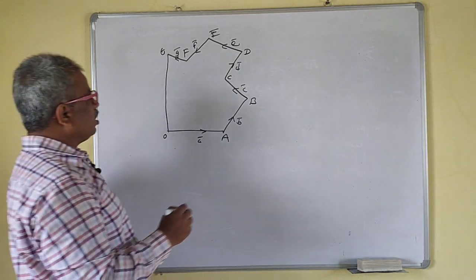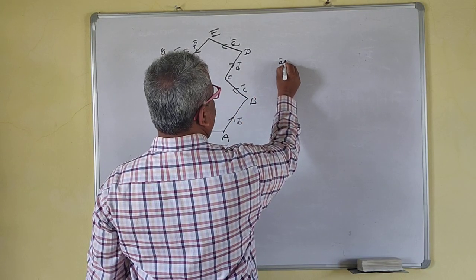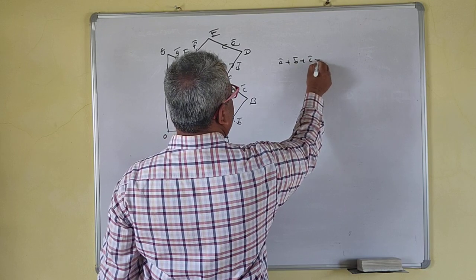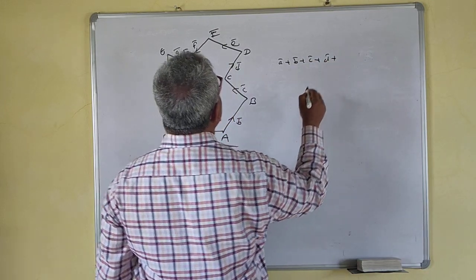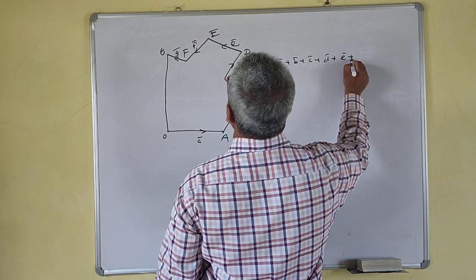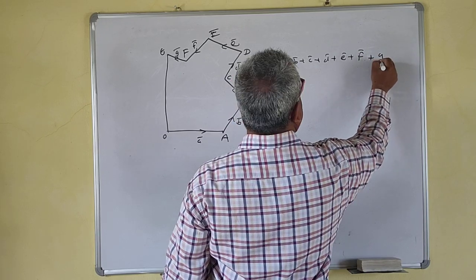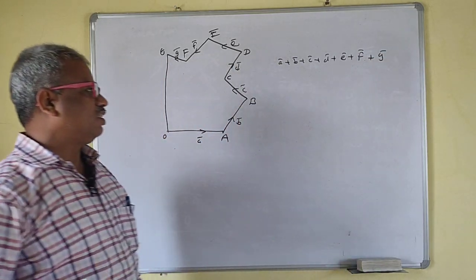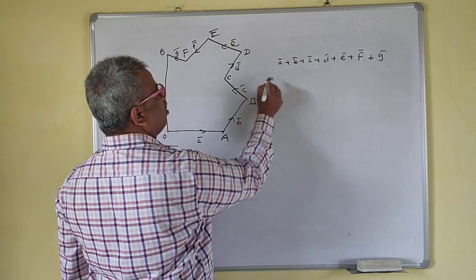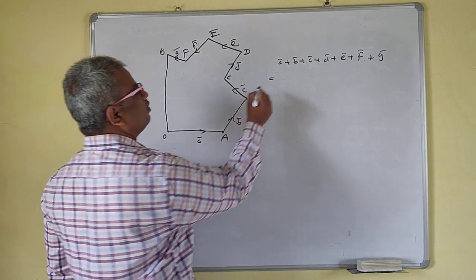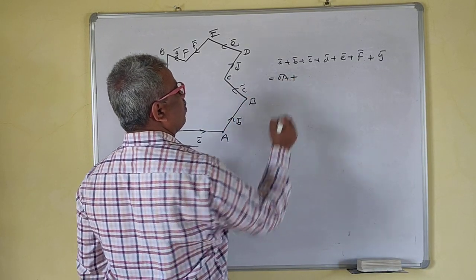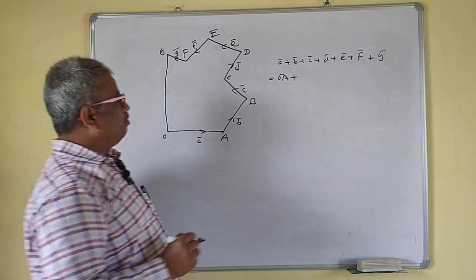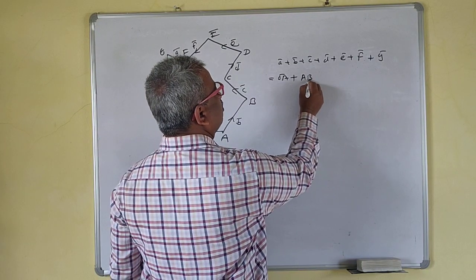Now see the resultant. This is A bar plus B bar plus C bar plus D bar plus E bar plus F bar plus G bar. We'll see what this is equal to. A bar is OA bar. B bar is AB bar.